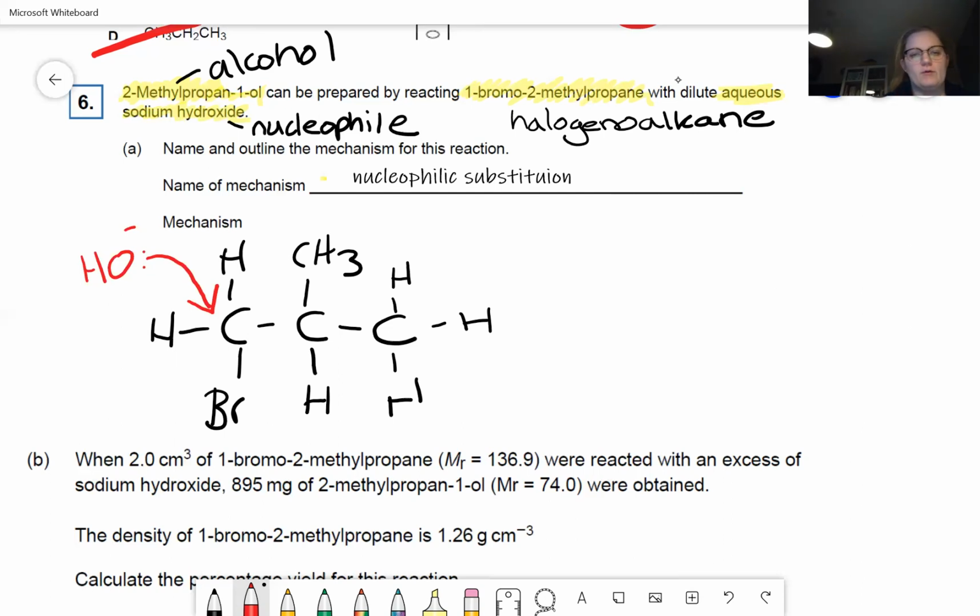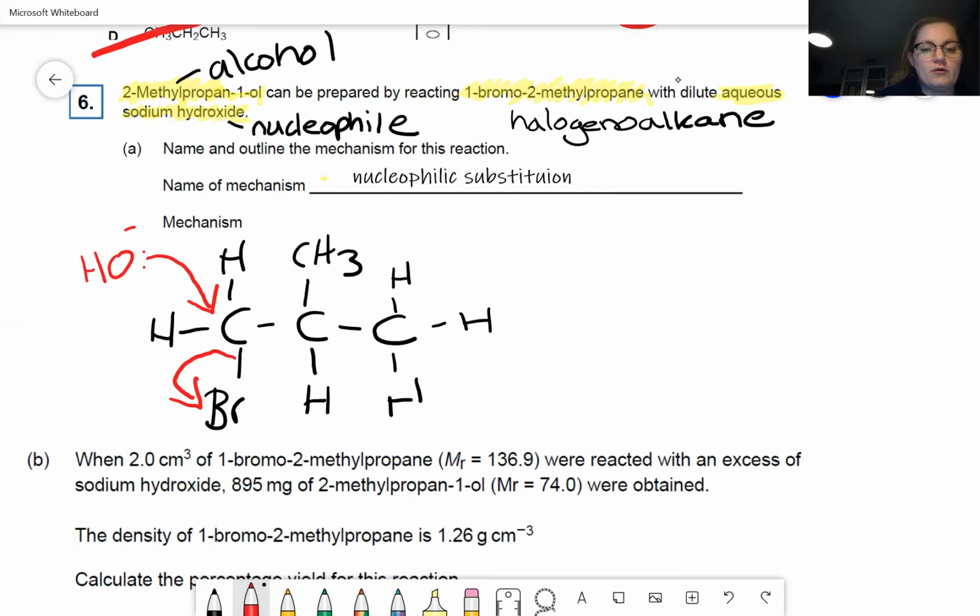So anyway, going to that carbon, when those electrons go to that carbon, we get an increase in electron density around that carbon. That pushes the electrons in the carbon-bromine bond more towards the bromine, and then that bond is going to be broken and those electrons go to the bromine.